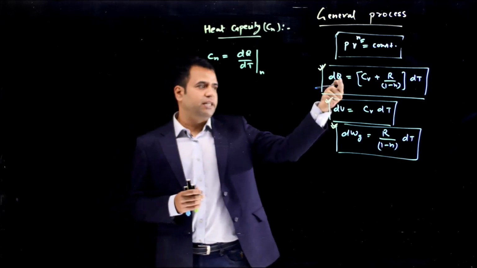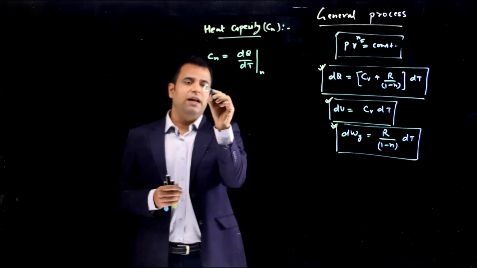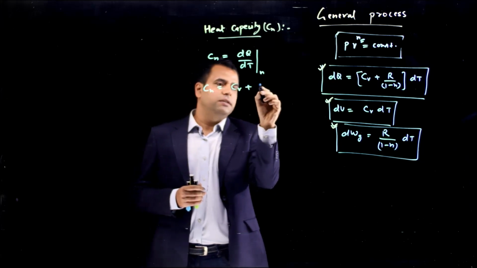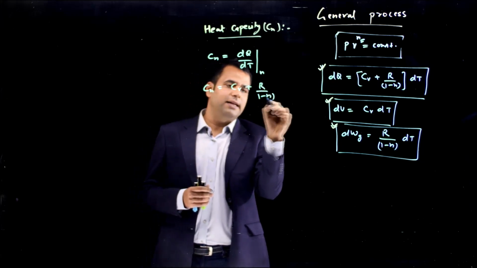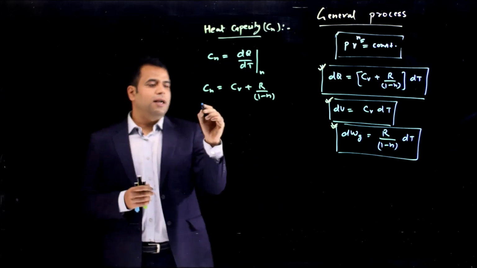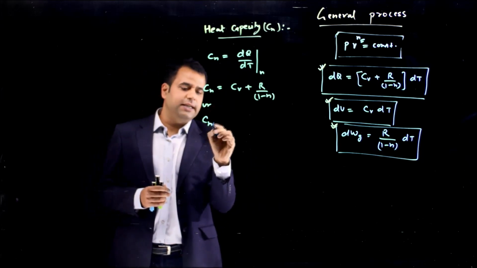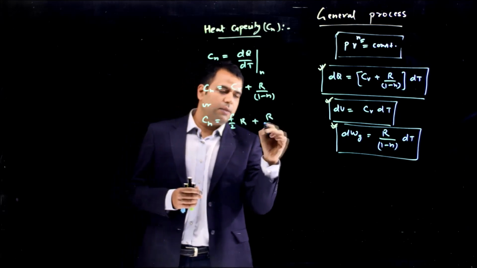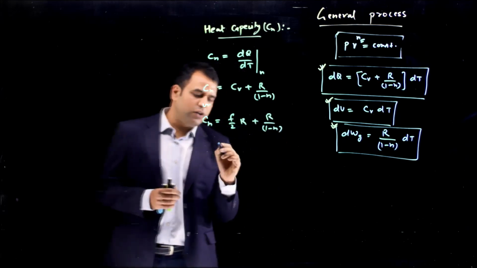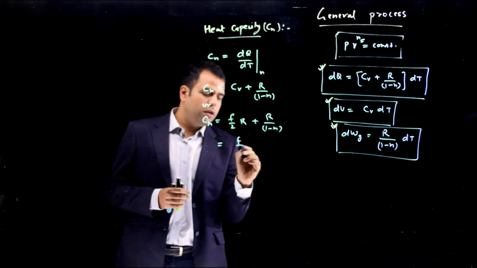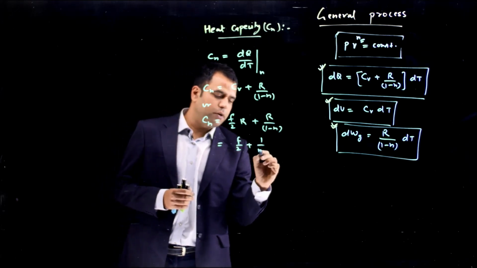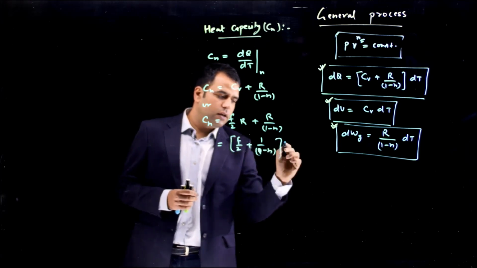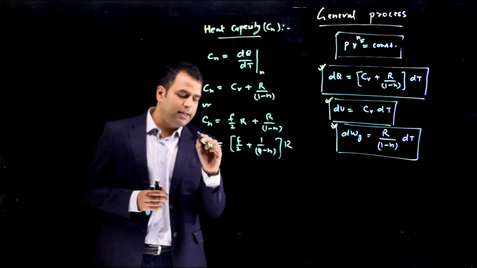If you pick this equation, the heat capacity dq by dt will be equal to Cv plus R upon 1 minus n. Or let's write the value of Cv. So Cn will be equal to F by 2 R plus R upon 1 minus n, or you can say F by 2 plus 1 upon 1 minus n times R. That becomes your heat capacity.